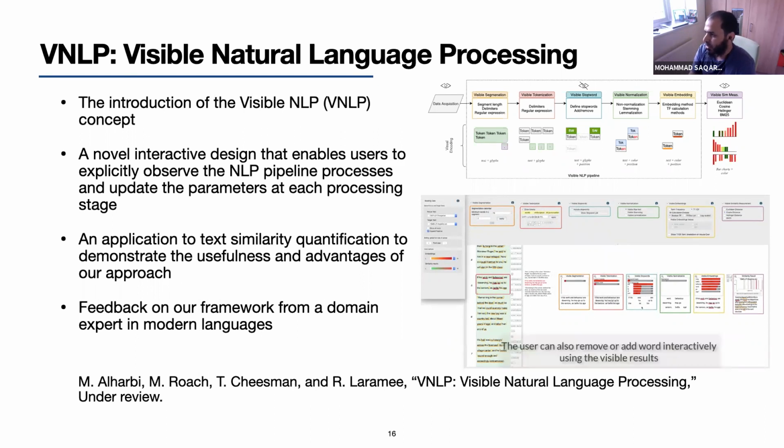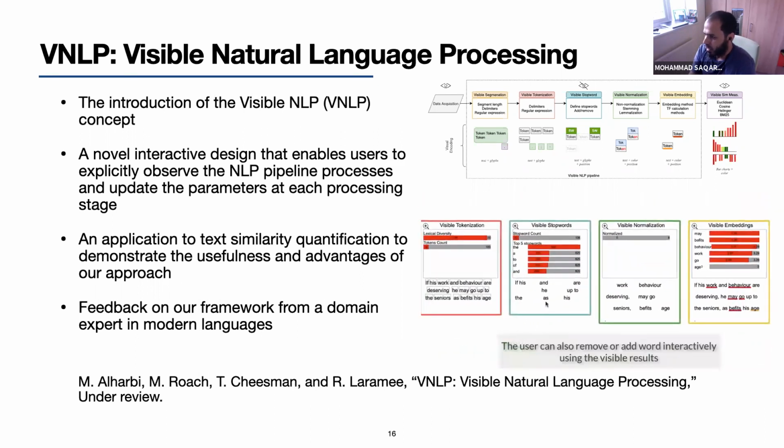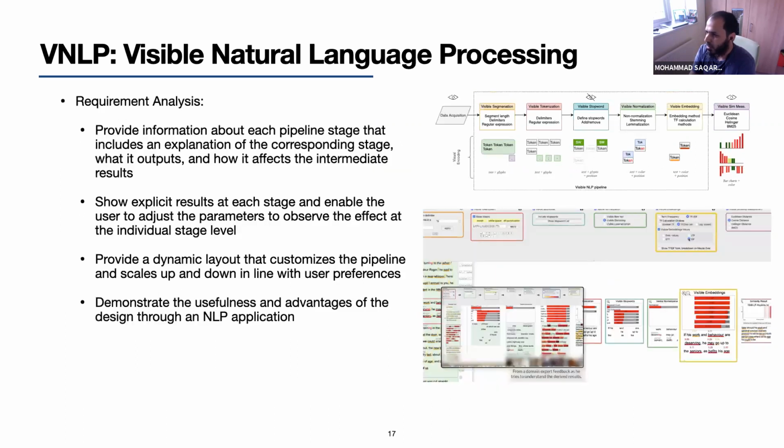There's a video here that demonstrates some of the layouts of the VNLP application. We did some requirements analysis to design this application: to provide information about each pipeline stage that includes an explanation of the corresponding stage, what it outputs and how it affects the intermediate results.